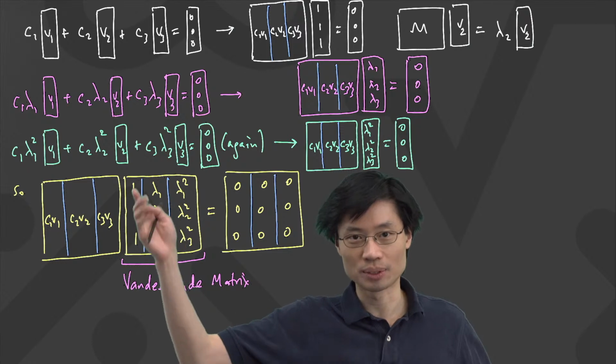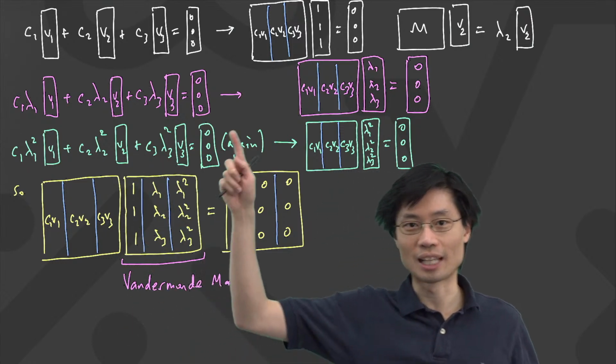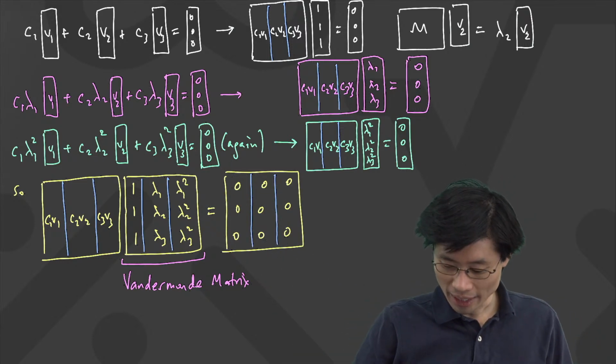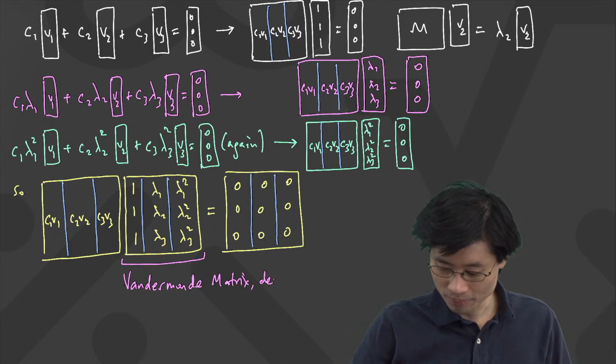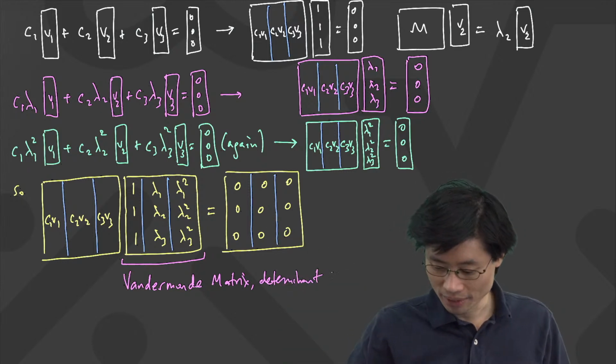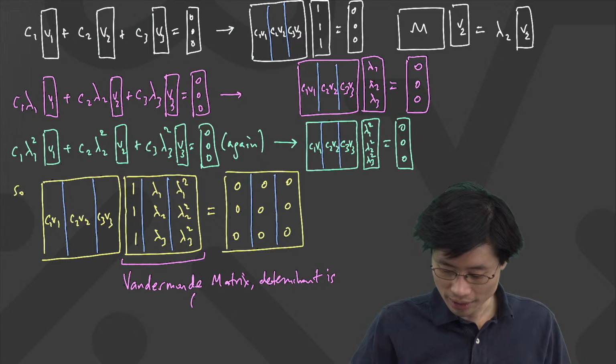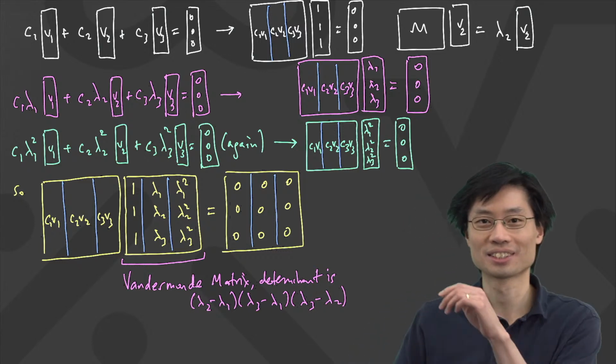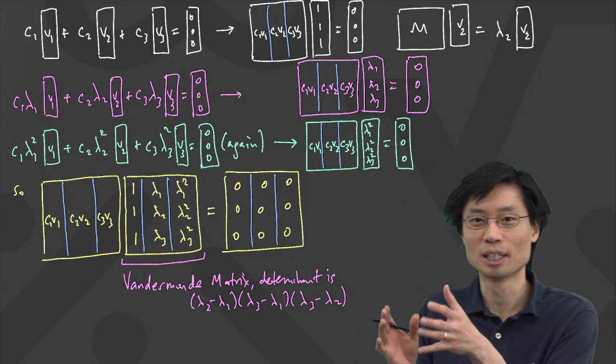If you have a matrix of ones, lambdas, lambda to the next powers, n by n of this form, the determinant of this particular one is lambda 2 minus lambda 1, lambda 3 minus lambda 1, lambda 3 minus lambda 2. It factors into all these differences between lambdas.